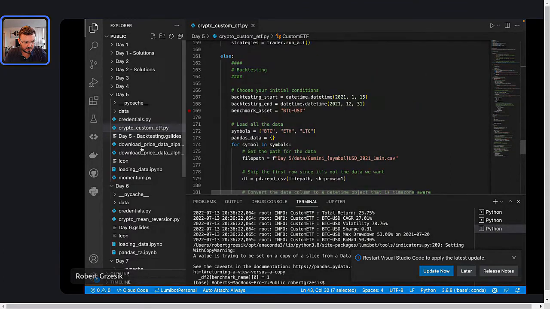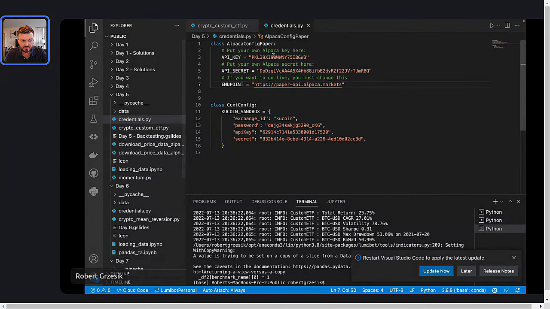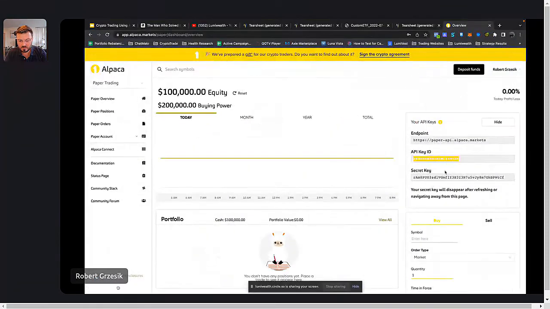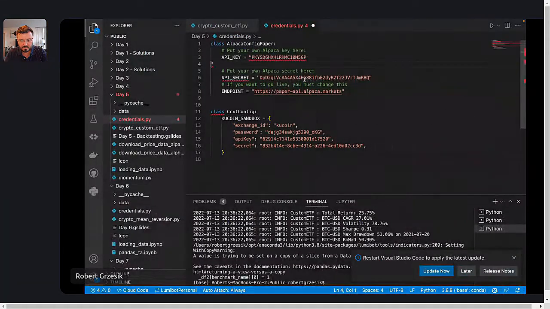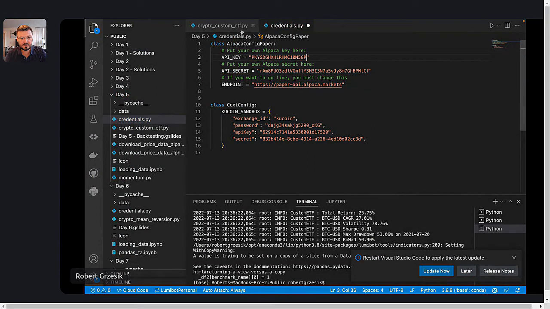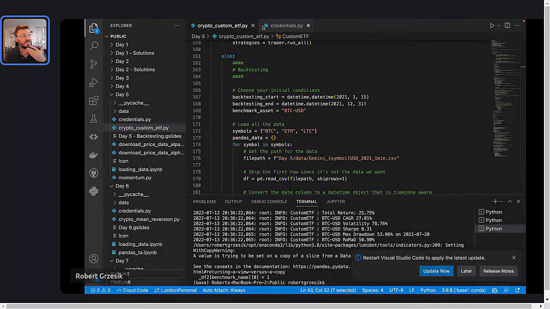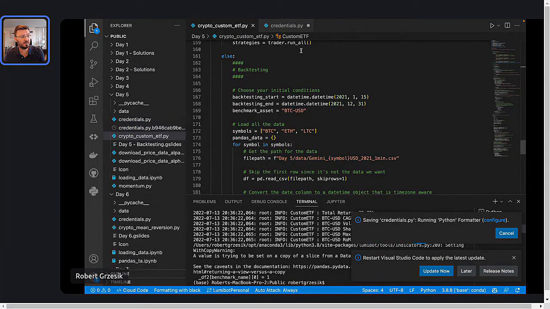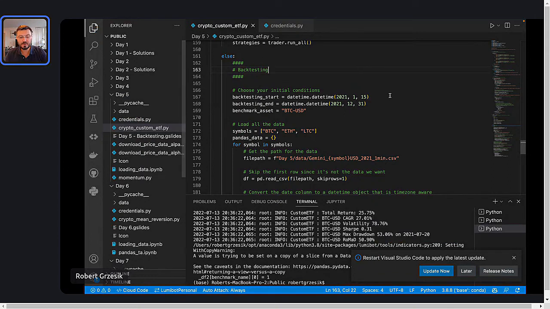Give me 1 second here, I've got to put in my credentials. There we go. Save. You guys can link it to your own brokerages very easily like that too. All you've got to do is copy over some things and now it will work on yours. Very simple to do.